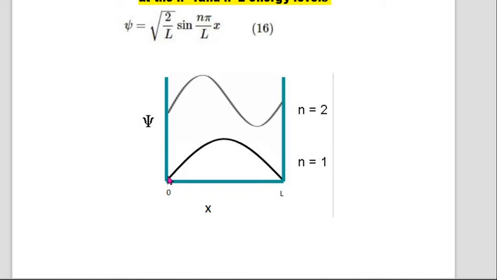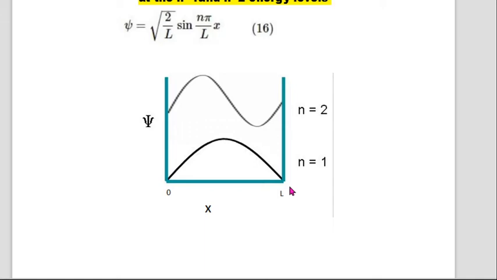That is the wall of the box. Then it increases as x increases, reaches a maximum at the midpoint where x is L by 2, then decreases and becomes 0 when x becomes equal to L. That is the other wall of the box.